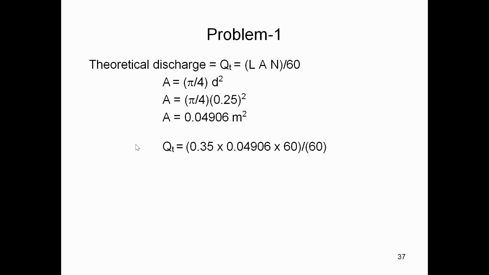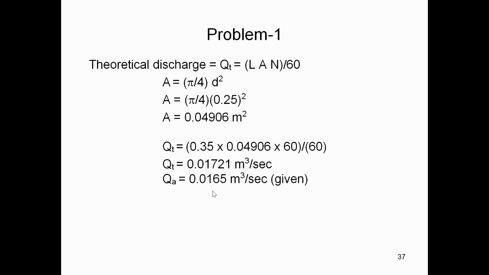Substituting this A value in the formula, L is 0.35, A is 0.049, and N is 60 by 60. So we get Qt is equal to 0.01721 meter cube per second.